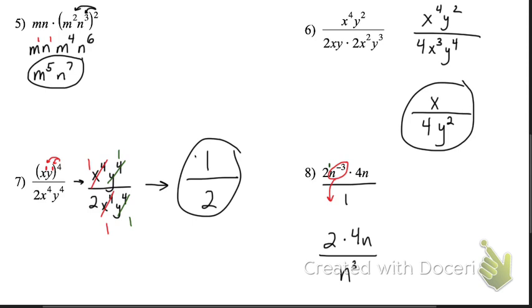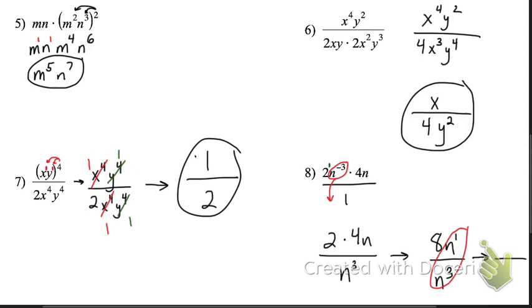So now I can just check, okay, can I simplify the numerator? Actually, yes. We can say that 2 times 4 is just 8. So I have 8n over n to the third. Okay, so the numerator is simplified, the denominator is simplified, and now, well, I have 8n to the first over n to the third. So I can simplify here.